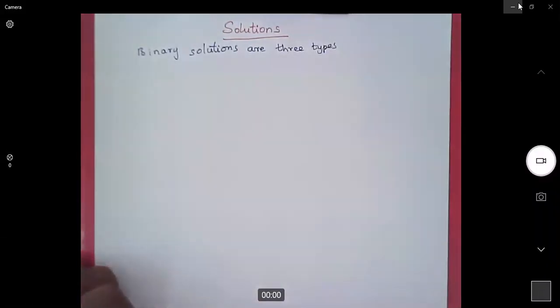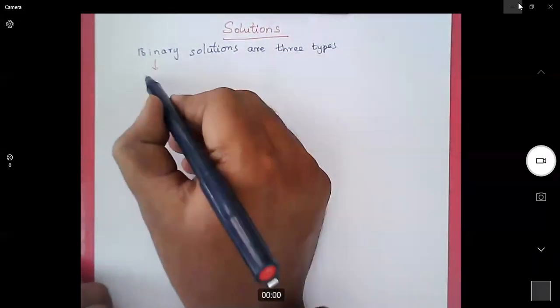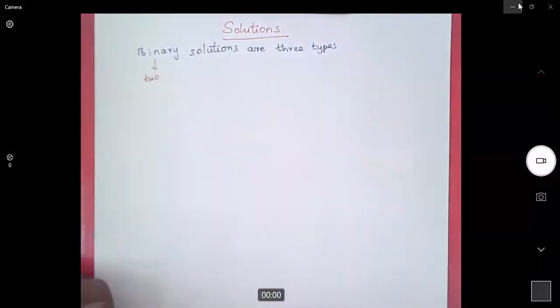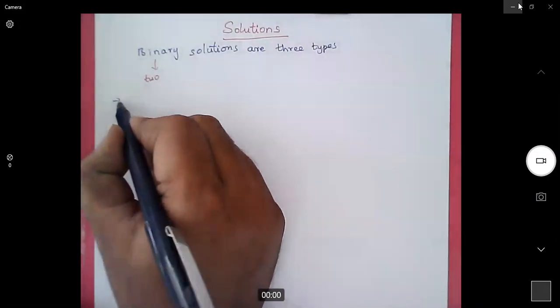What is a binary solution? A solution which is having two different components is called a binary solution. Now, there are three different types in a binary solution.